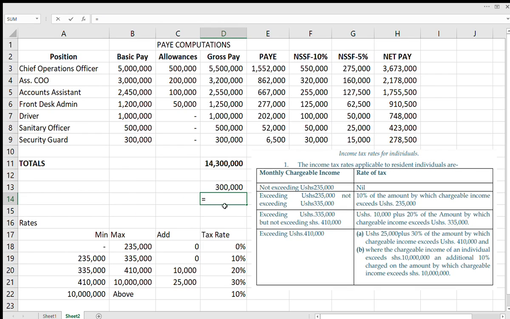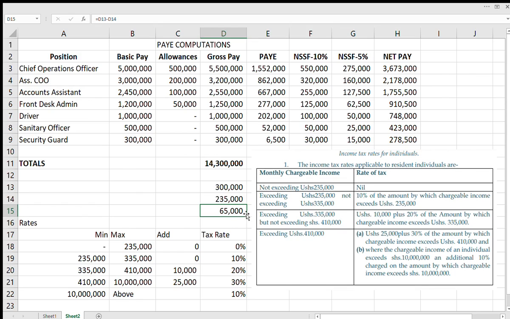So what amount is it above? We can see the difference: 300,000 shillings is exceeding the minimum, 235,000, by 65,000.